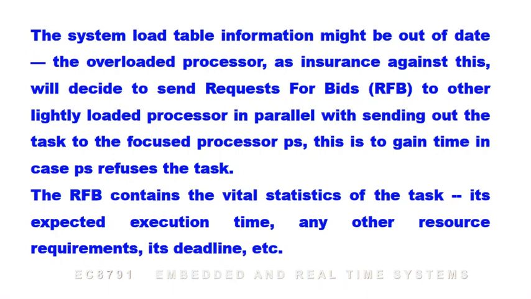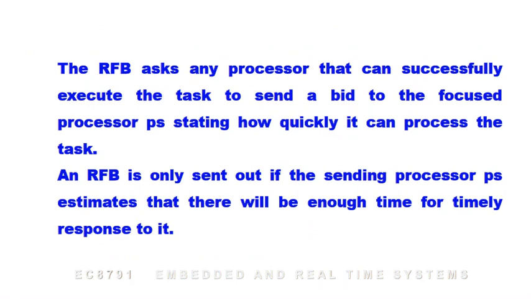The RFB contains the vital statistics of the task: its expected execution time, any other resource requirements, its deadline, etc. The RFB asks any processor that can successfully execute the task to send a bid to the focused processor Ps stating how quickly it can process the task.